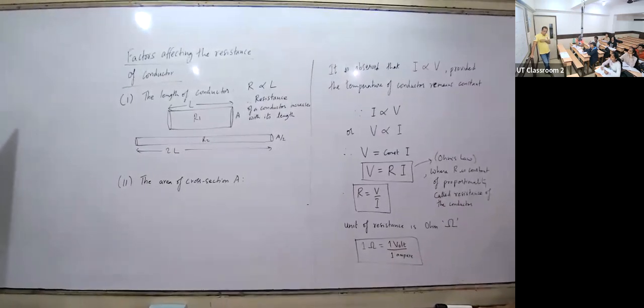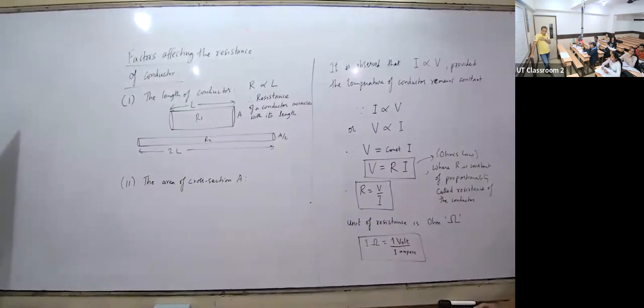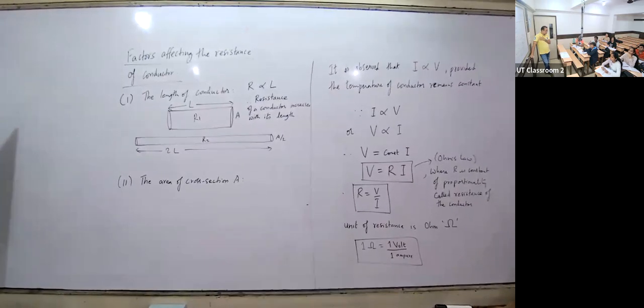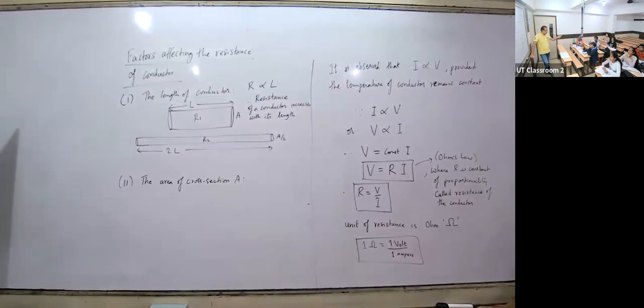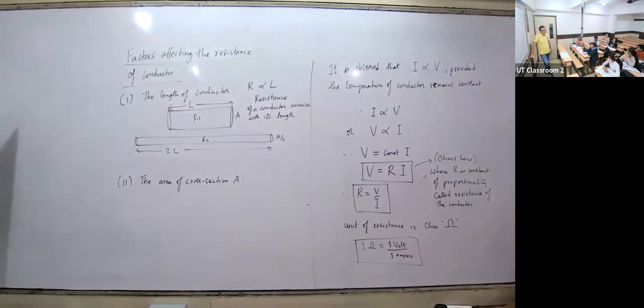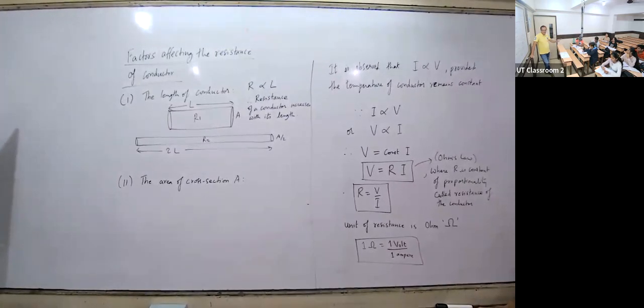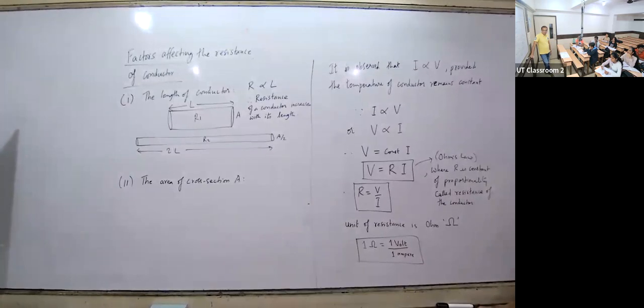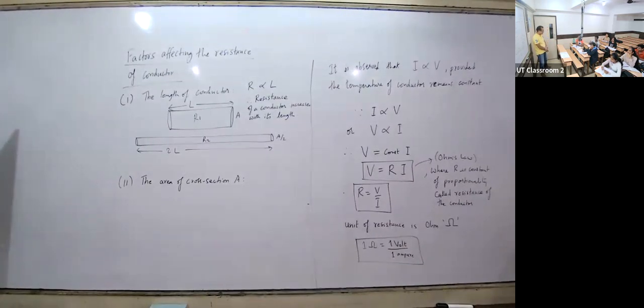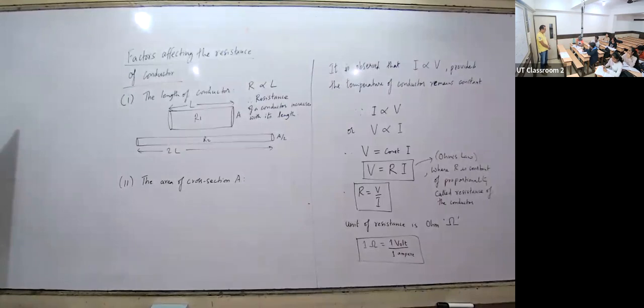Now, second, I am asking about the area of cross section A. You knew it, right? You just avoided the question. Now, what about the next question? Who will answer? Yes, you know the answer. It's on the board.